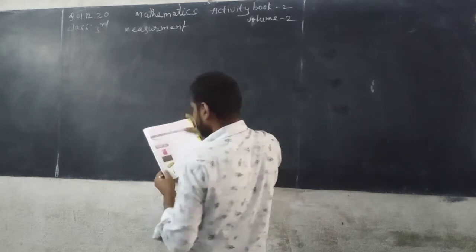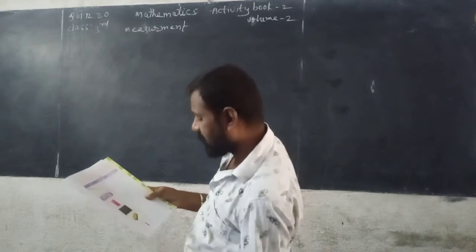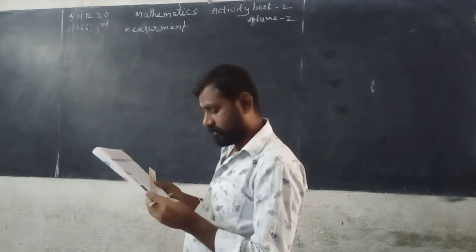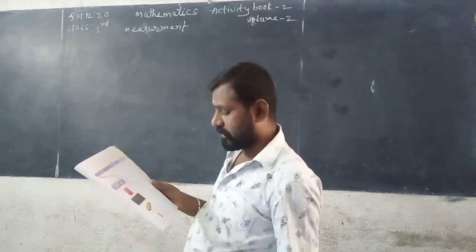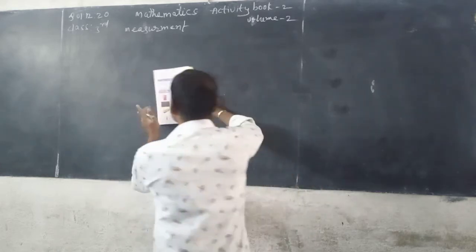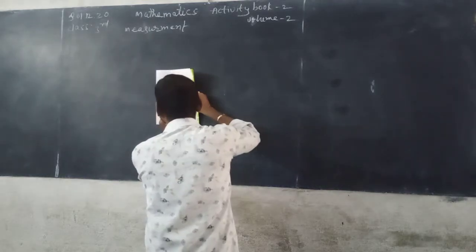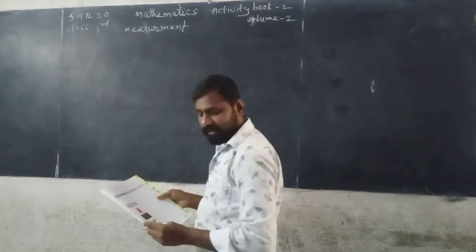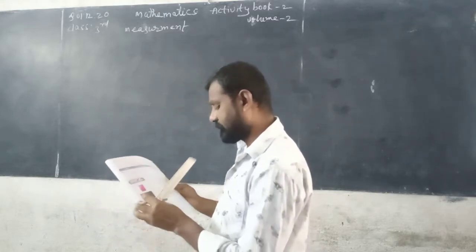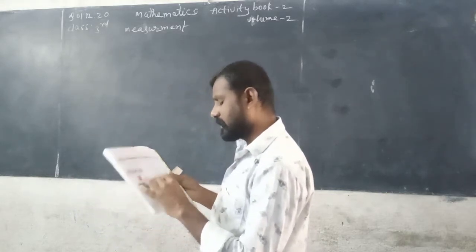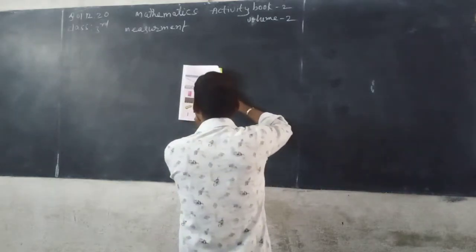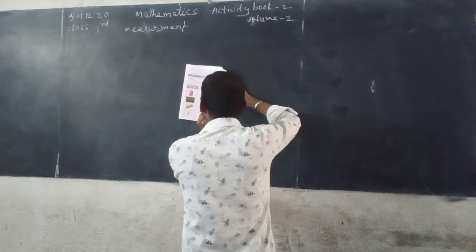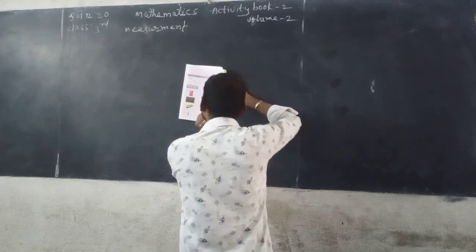Now next, duster. I estimated 10 centimeters. What is the actual length here? 3 centimeters. What is the difference? 10 minus 3, you get 7. So you can draw a sad face.